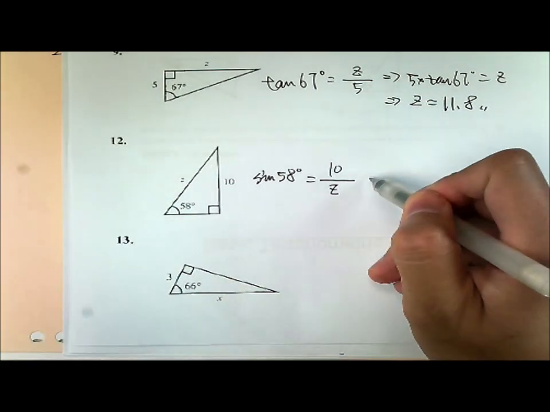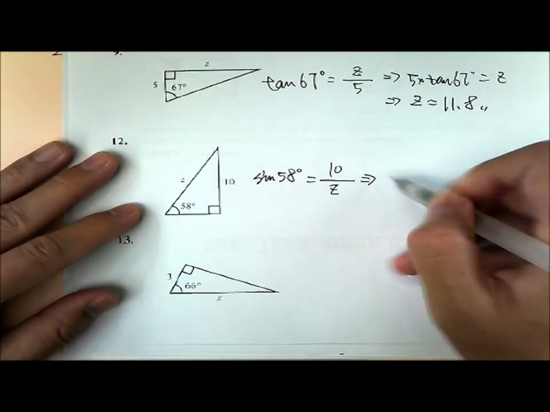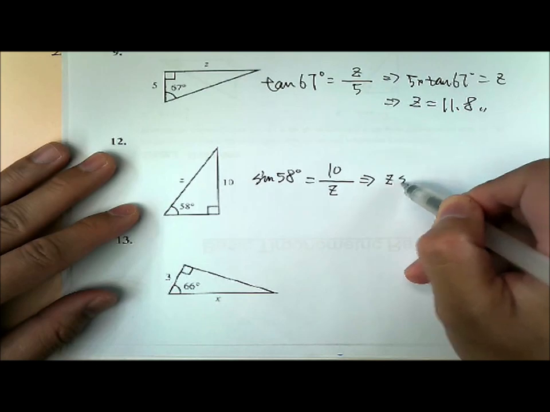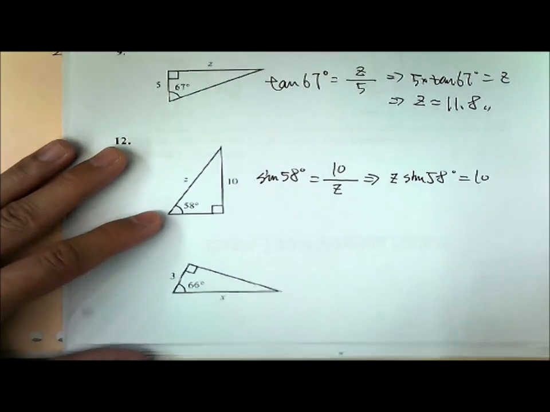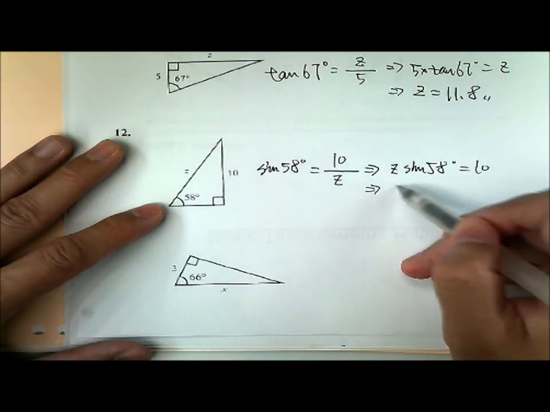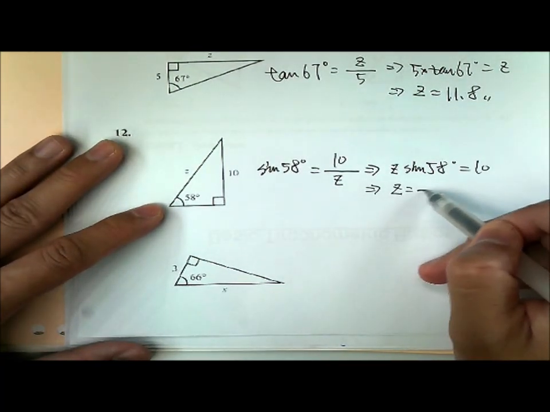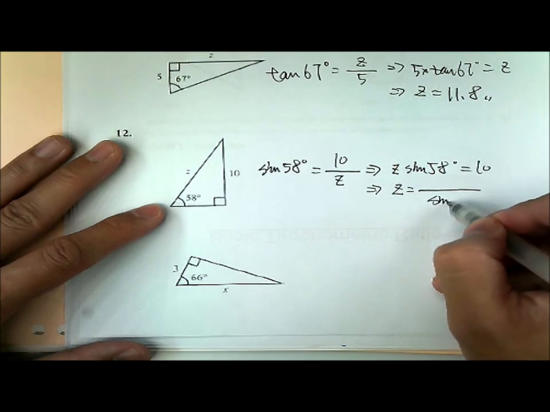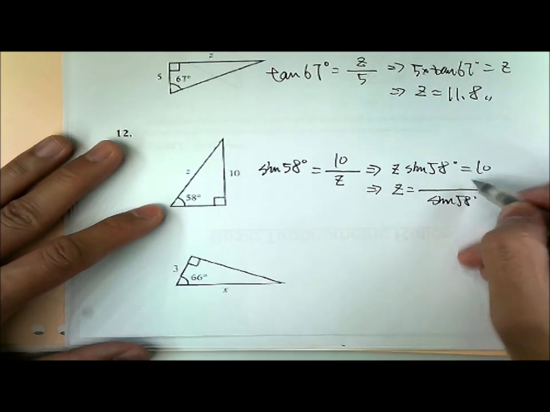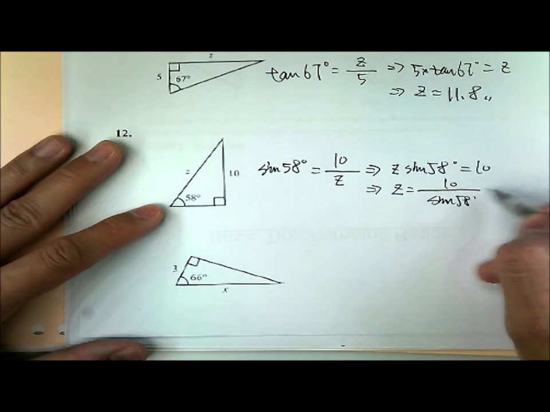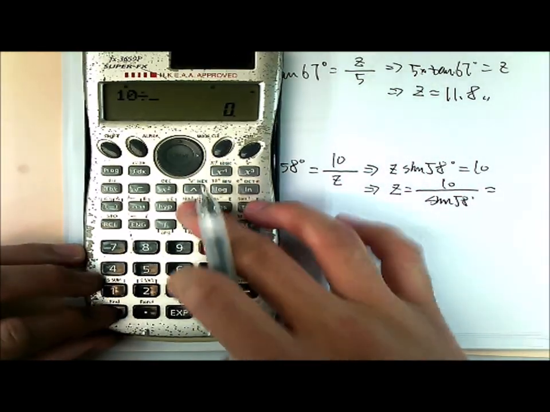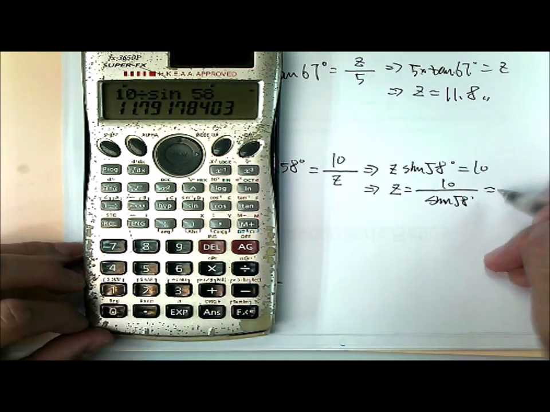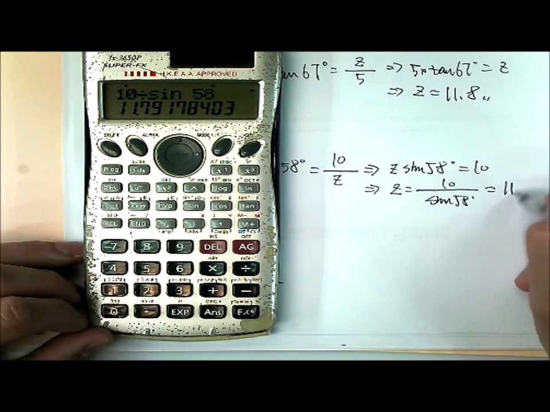We times both sides by z. Okay, and then you got z sine 58 degree equal to 10. That's okay. So next you have z equal to, you divide both sides by sine 58 degree, and then go to your calculator. So it should be again 11.8.